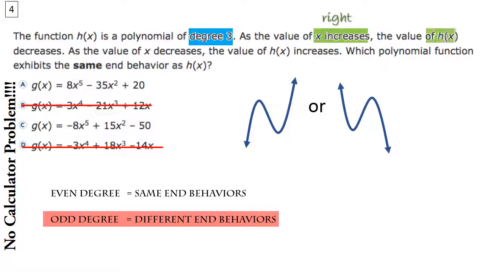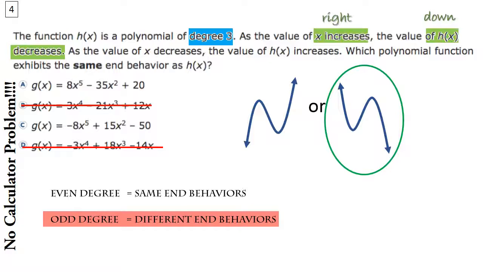Now, of course, h of x is just talking about y. It's saying the y value decreases. Well, as y values decrease, that means it's going down. So this is just really a fancy way of saying the right side goes down. Well, one of these is like that. This one's got a right side that goes down.